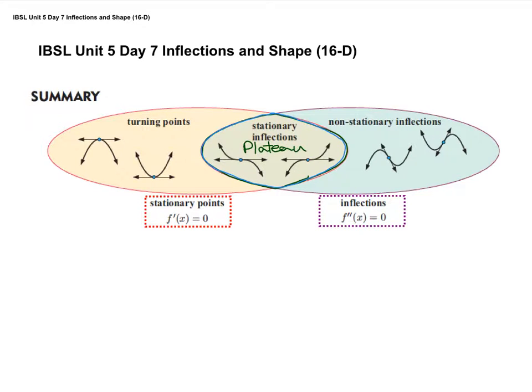A plateau point technically isn't a turning point because we're not changing from increasing to decreasing or decreasing to increasing. That's what we mean by turning. It levels off, but it doesn't turn. So that's why it's a plateau.